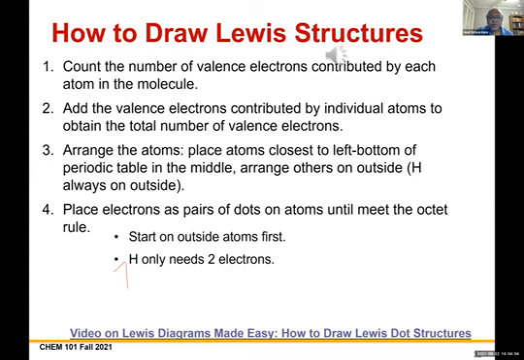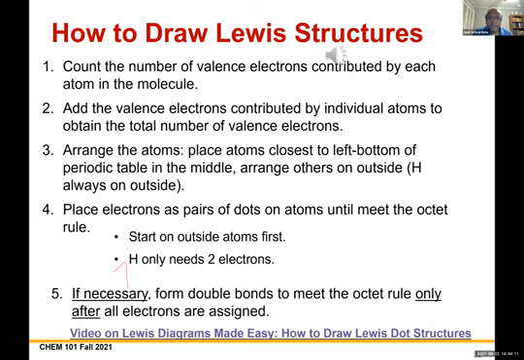Remember, hydrogen only needs 2 electrons. If necessary, form double bonds to meet the octet rule, only after all electrons are assigned. Check the octet rule.